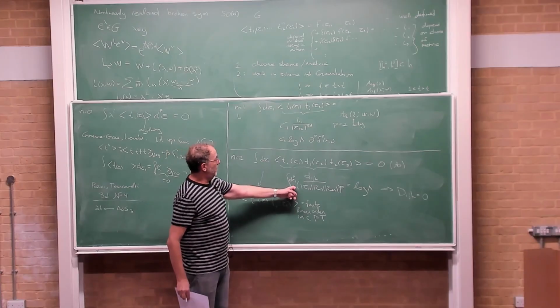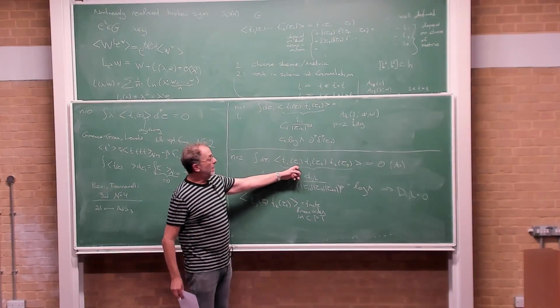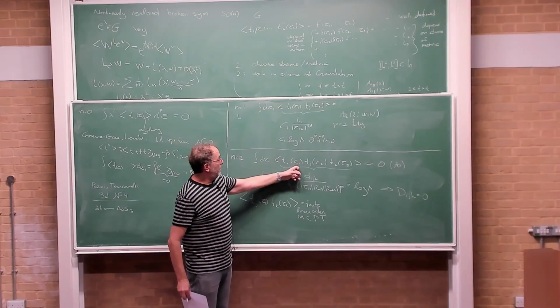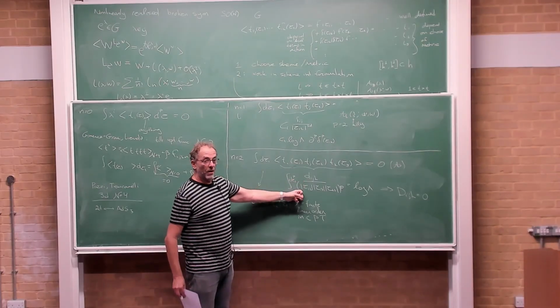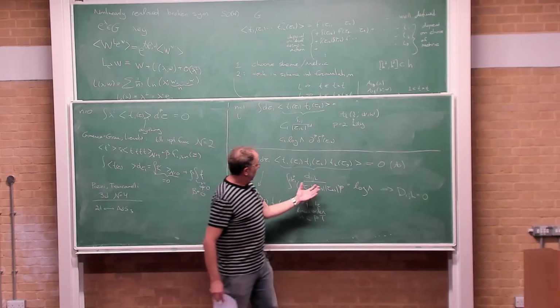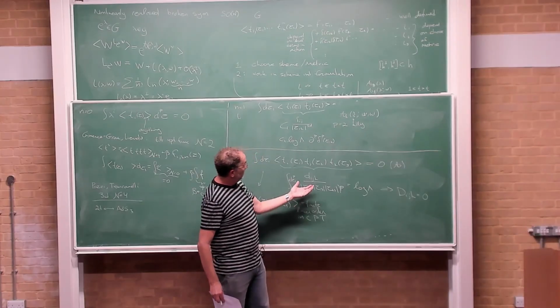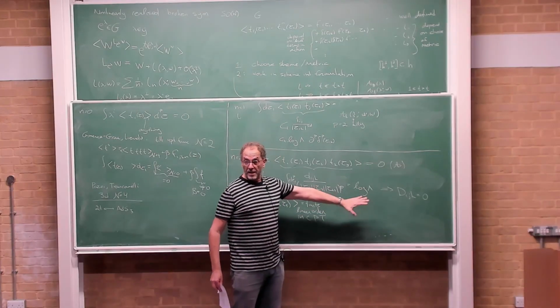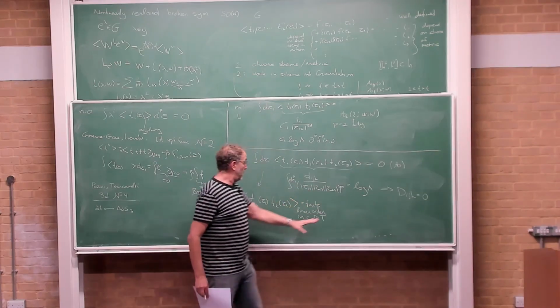Of course, we want to understand it also at coincident points. At coincident points, it can be different from 0. Then if there is a delta function contribution, you're just going to get an extra number on the right-hand side. That's completely legal.